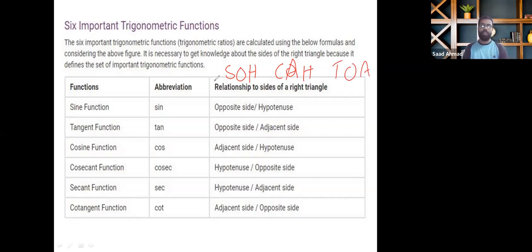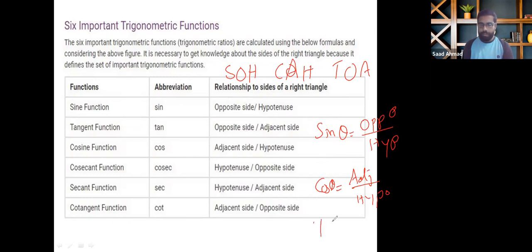The first one is sine. Sine equals opposite over hypotenuse. That's SOHCAHTOA. So CAH is C for cos, A for adjacent, and H for hypotenuse.